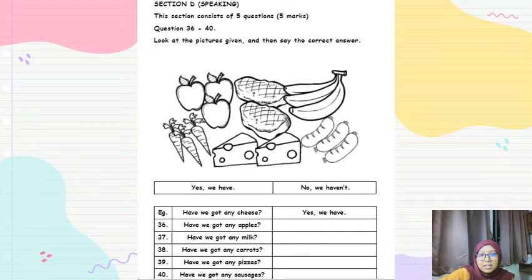And the answer is yes we have, because there is cheese in this picture. So same goes with the other questions that I ask my students, for example, have we got any apples? Then the students need to look at the picture, and then they need to answer it by themselves. Okay.